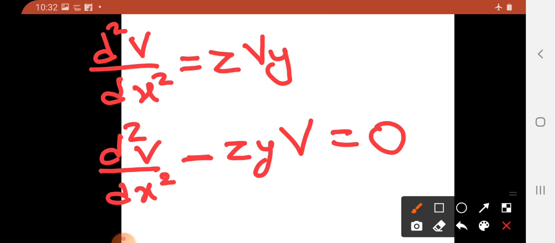What is the solution of a second order differential equation? Of the form d square v by dx square minus k into v is equal to 0, there will be two solutions.